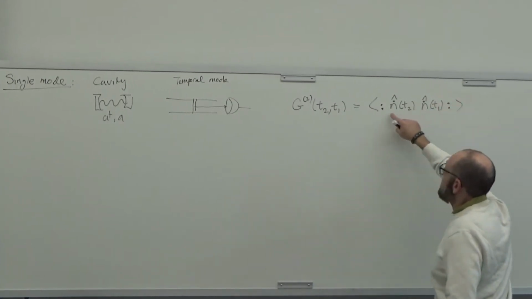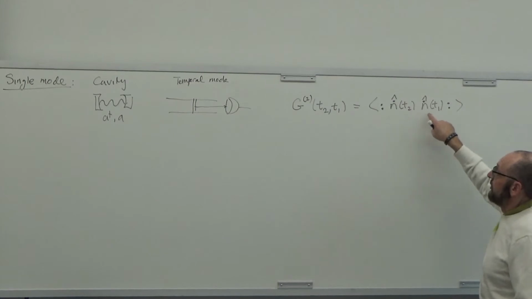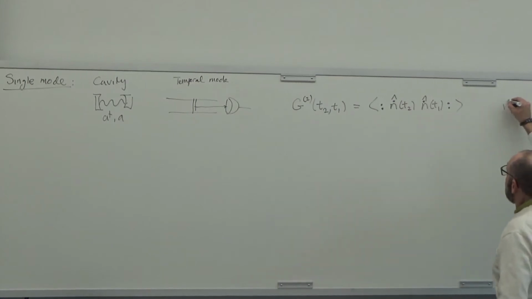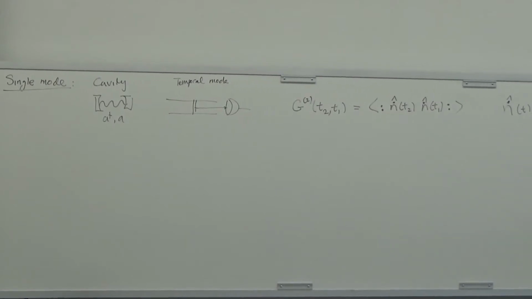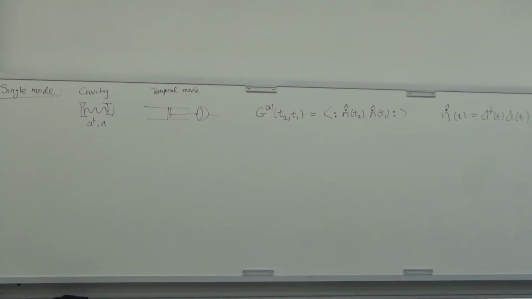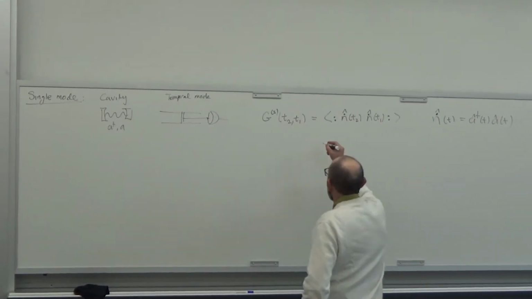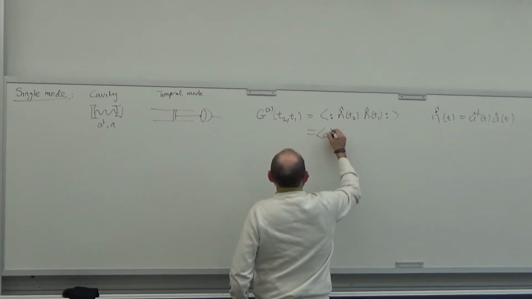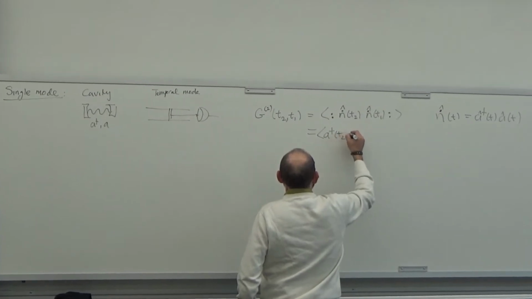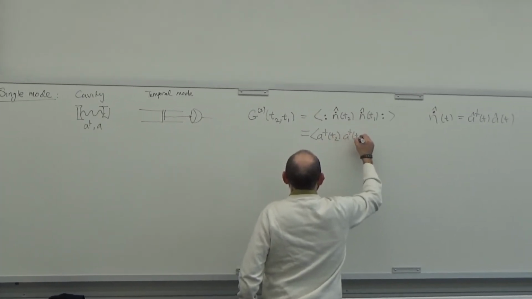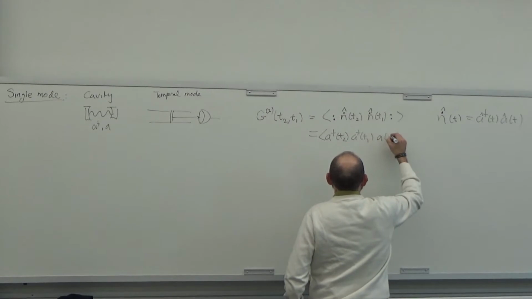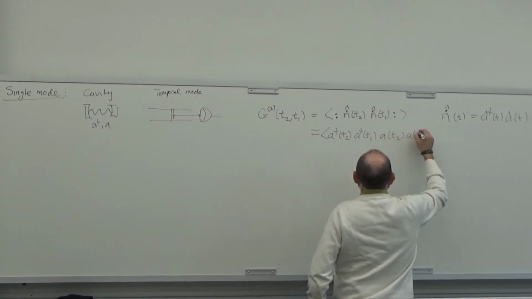That's the correlation in the photon counts, where n dot at T is a dagger T a T. Right, as we discussed in the past. Right? So this is a shorthand for a dagger T2, a dagger T1, a T2, a T1.